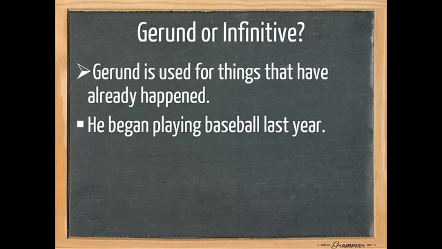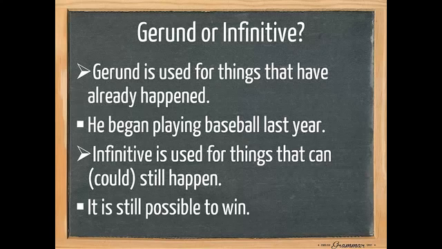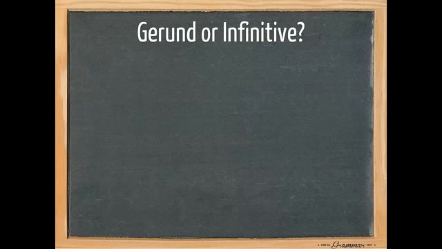For example, he began playing baseball last year, as opposed to the infinitive, which is used for things that can or still happen. So it is still possible to win, or he will begin to play baseball next month, for instance. So that's generally the difference between the two.